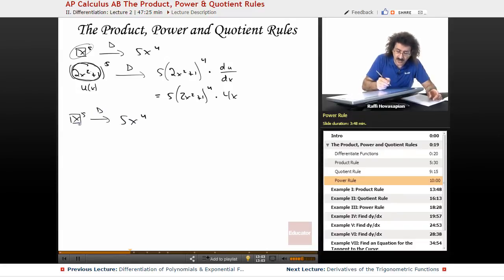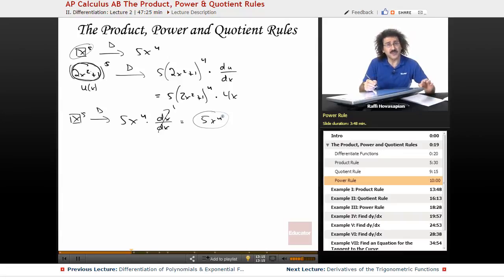Well, this is your function of x. So you're taking dx over dx, which is just 1. So it stays 5x to the 4th. You're still doing the same thing, except your function of x just happens to be x alone. It is the variable itself. There's nothing else going on there.